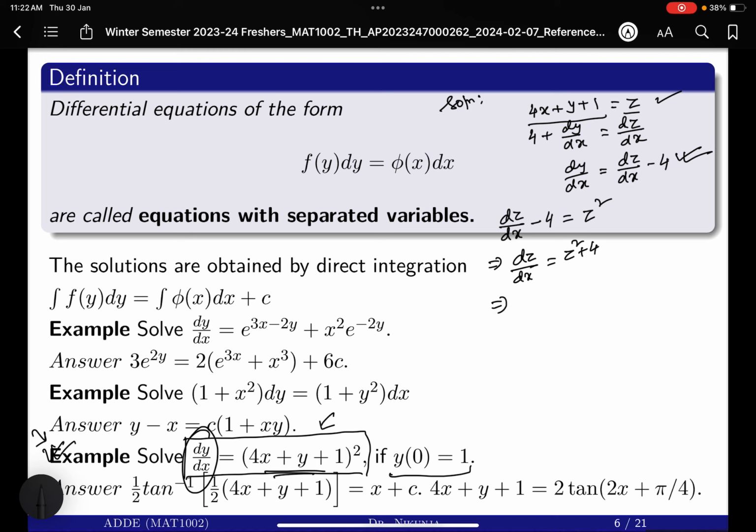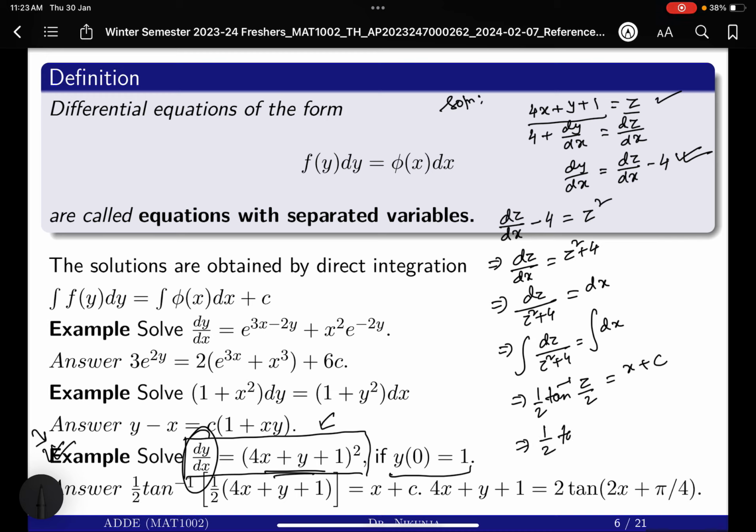Now you can apply separable variables: dz by (z squared plus 4) equals dx, all the z terms on one side and only x on the other. Now integrate, so you have 1 by 2 tan inverse (z by 2) is equal to x plus c.